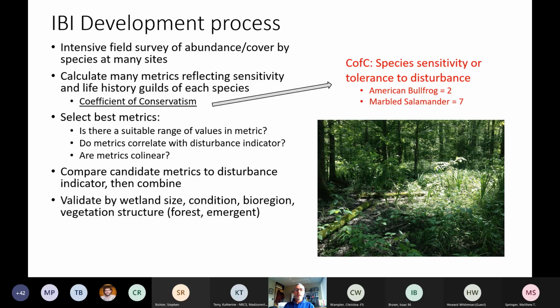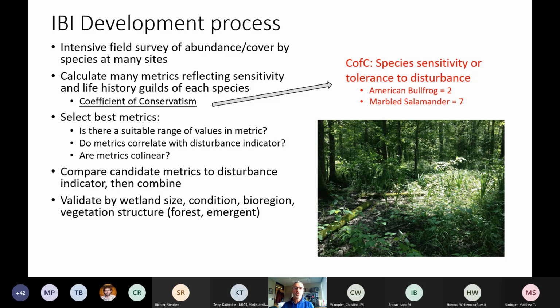So using that method, that data on the abundance and the species present, we calculate a whole bunch of metrics. Many of these are based on the coefficient of conservatism, which is a measure of each species' sensitivity or tolerance to disturbance. For instance, we worked mainly with Stephen Richter and Jacob Stark, one of his graduate students, and a committee of herpetologists to develop these values for Kentucky for the herps.